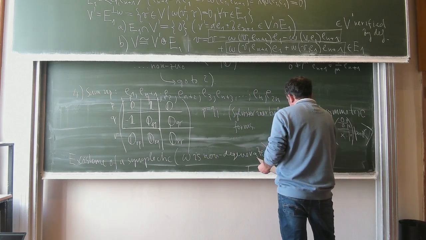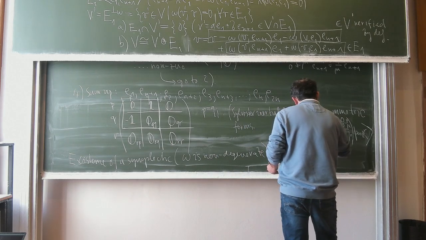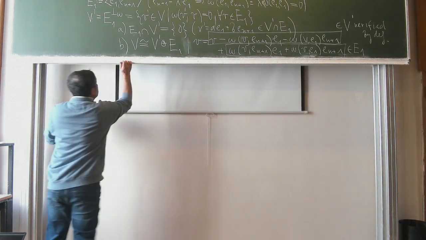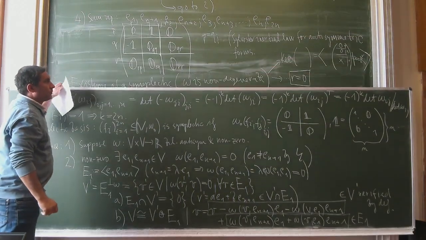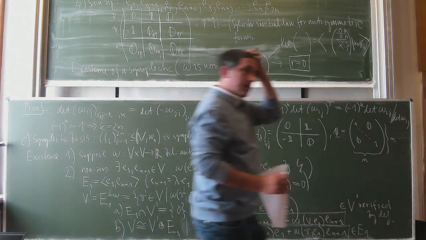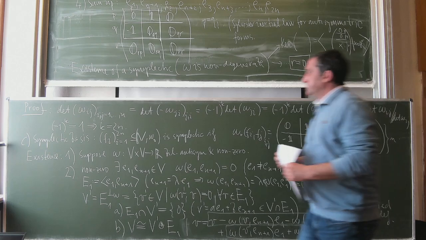So non-degenerate means R is 0. And we prove the existence of the symplectic basis. So we have the right matrix form.